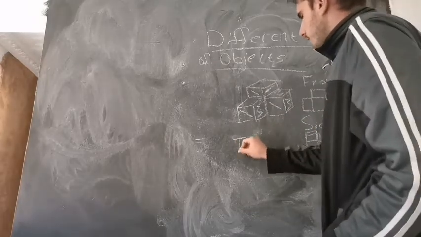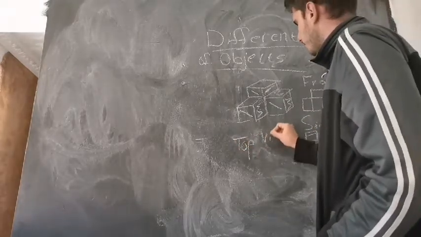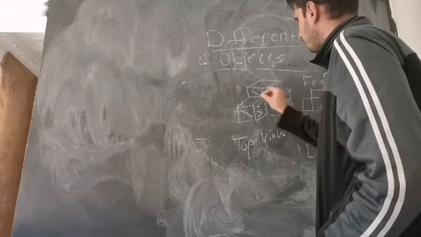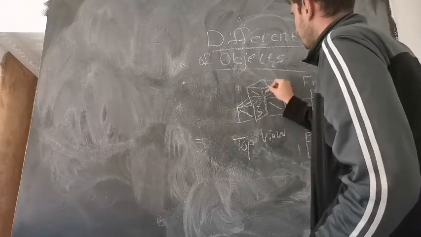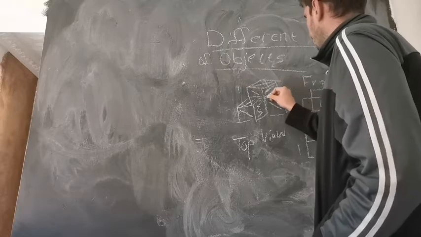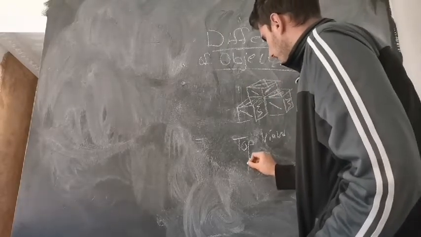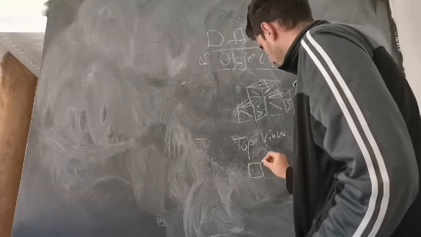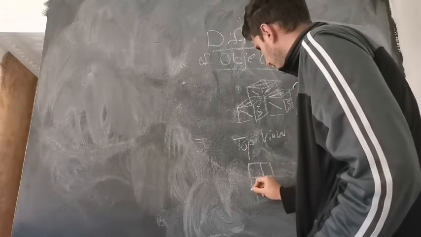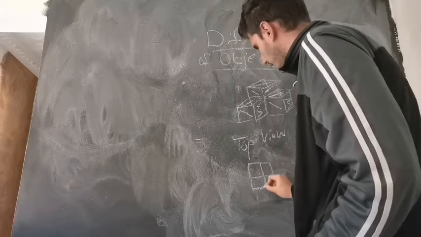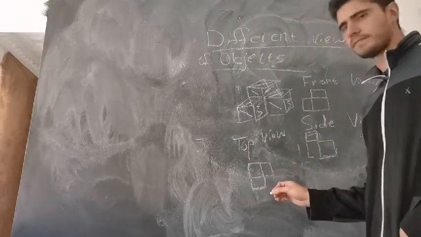Now from our top view, we are going to see the following. So we are going to see this from our top view: our first one, our second one, and our third one. Okay, this is what we're seeing from the top view.